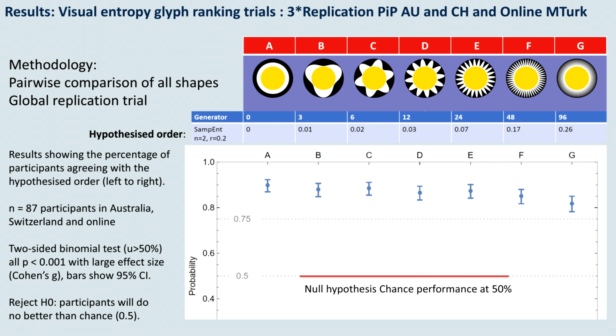And you'll see that the scores are well above the chance line. Chance line is 50%. Even in the worst case here, the correct answers were running over 80% of the time. So it seems that people are pretty good at ordering shapes with a large effect size, certainly well above chance most of the time. So we've got a hypothesis, we can predict what all the shapes are, and we've shown that they probably will work.